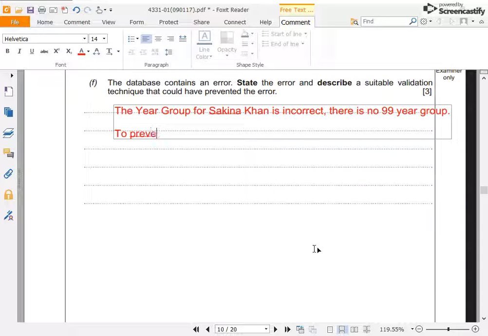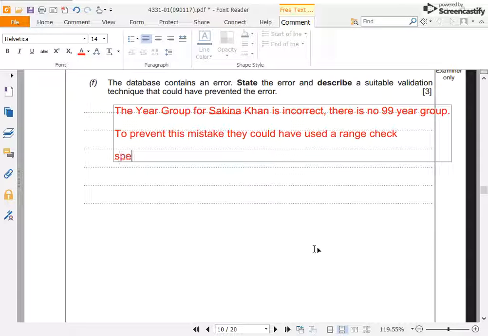To prevent this mistake, they could have used a range check specifying the values 7 to 13. Now they could ask you how the mistake was made, and you could say that it was a transmission error or a typing error, and in this case they haven't. Okay.